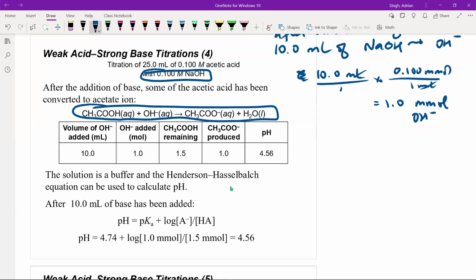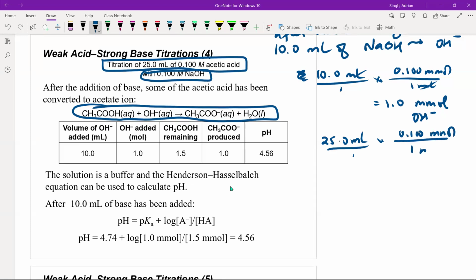Okay, and then what else do we have? We have originally here, we have the 25 milliliters of the 0.1 molar acetic acid, right? So we have 25 mL of the 0.100 millimolar for every 1 mL.